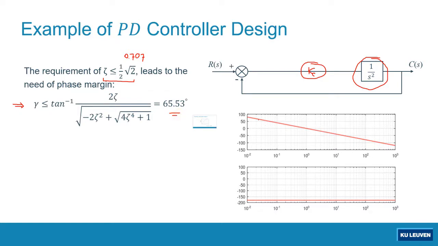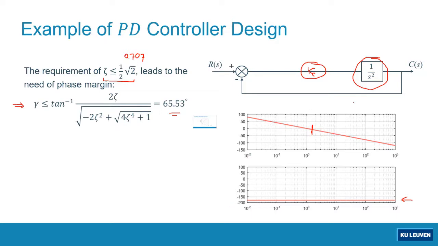Because no matter how high we tune the proportional controller, that will only shift the magnitude plot vertically. It will not change the phase plot, where the phase plot of these double integrators is always equal to negative 180 degrees over all frequencies.